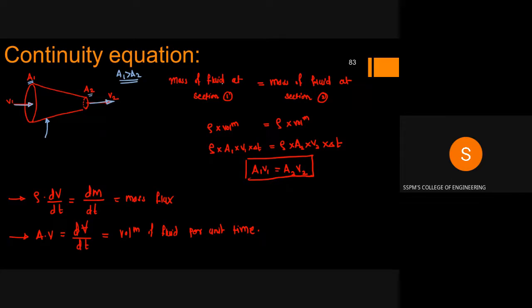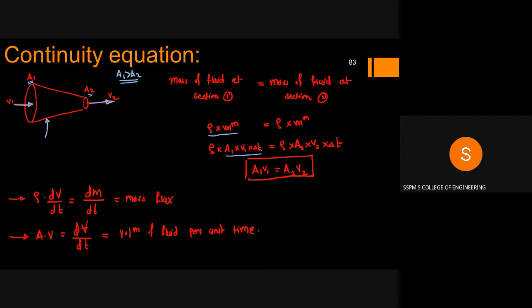This mass of the fluid we can give by density into volume. The volume swept, if V1 is the velocity, is A1 into V1 into delta t, where A1 is the cross section.